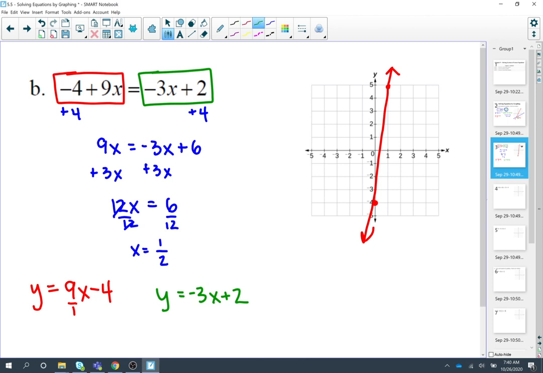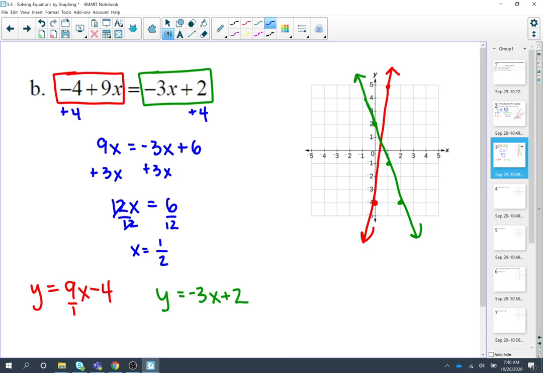On our second one, our y-intercept is 2, and our slope is -3. So drop 1, 2, 3, run 1. Drop 1, 2, 3, run 1. And we're going something like that. I apologize that this line is not straight.